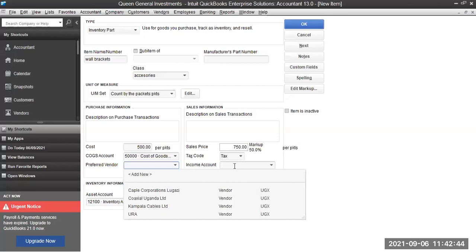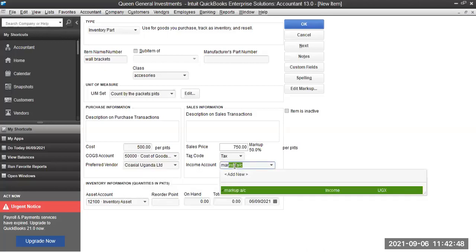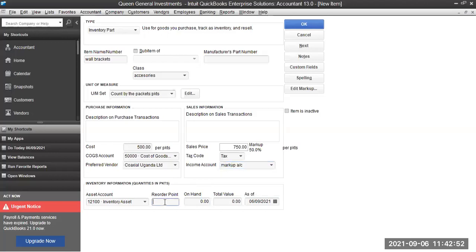Then the income account, we say that it will always be a markup account. And the order point was 50, and at hand we had 500. So the total value of the goods we have at hand is the cost of 500 for each packet times the quantity we have in hand.